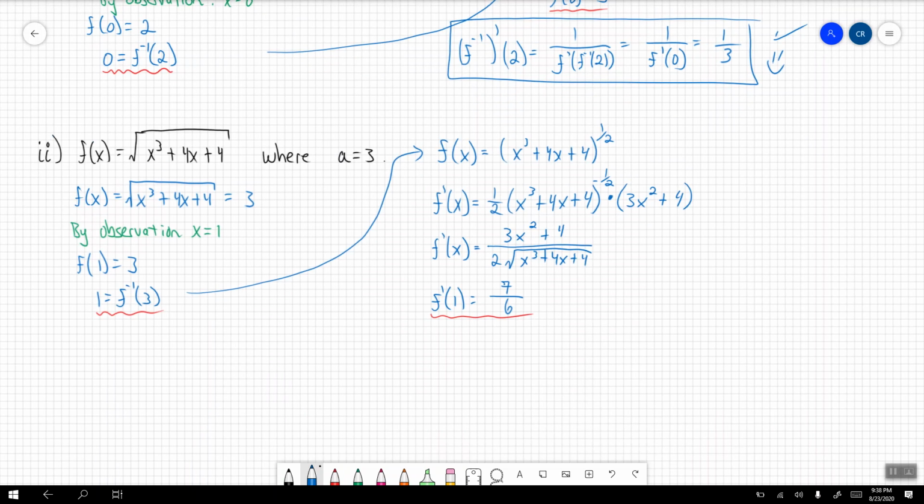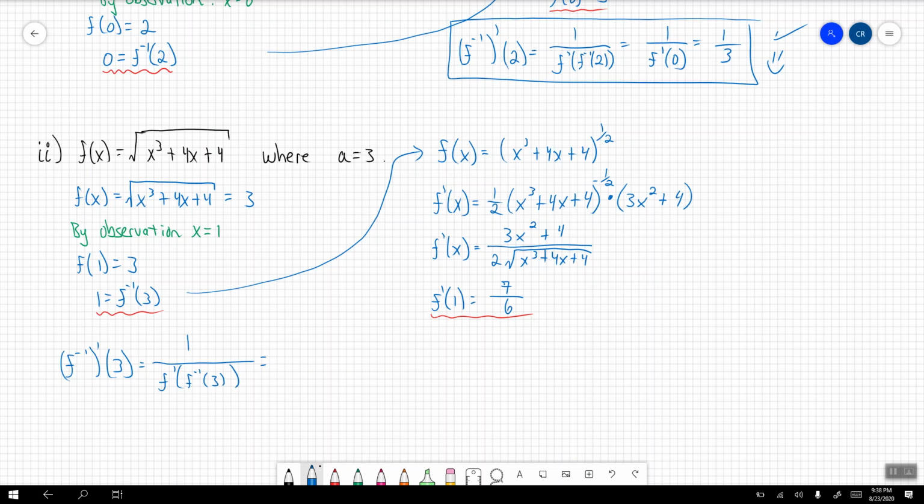Let's roll all this together. If I wanted to find the derivative of f inverse evaluated at 3, then I needed to find 1 divided by the derivative evaluated at f inverse of 3.